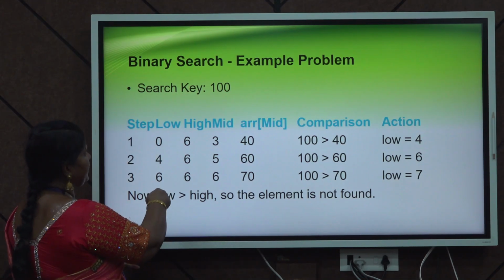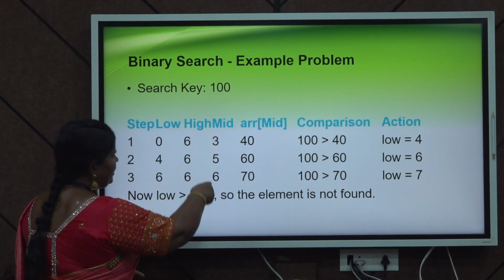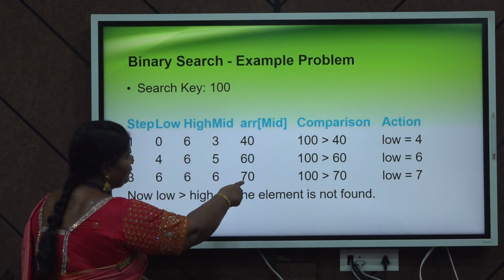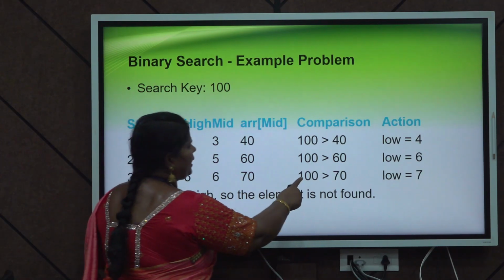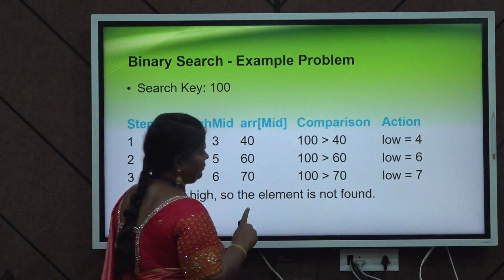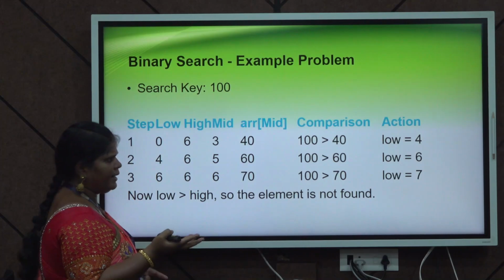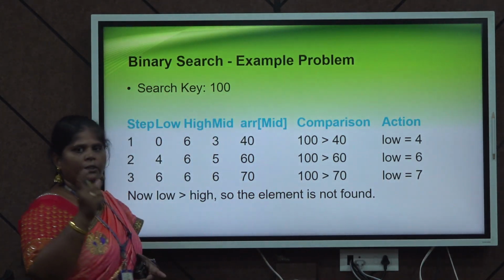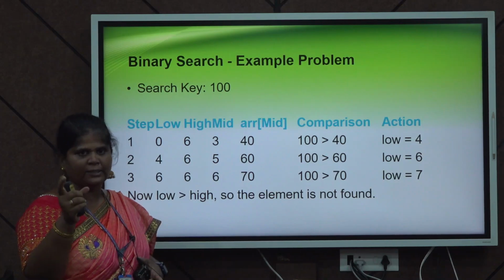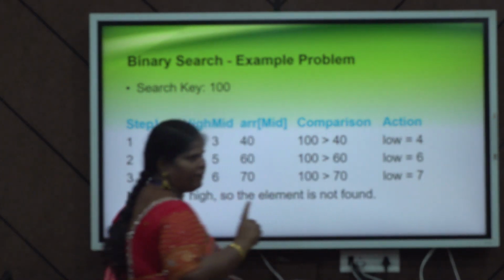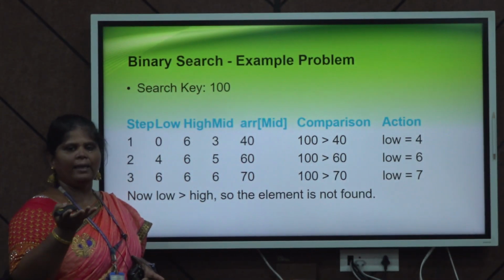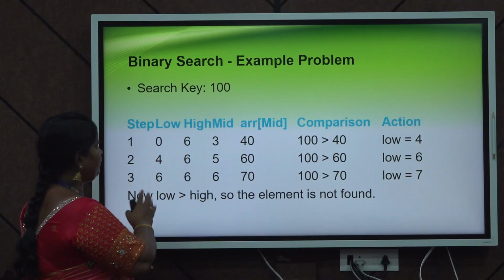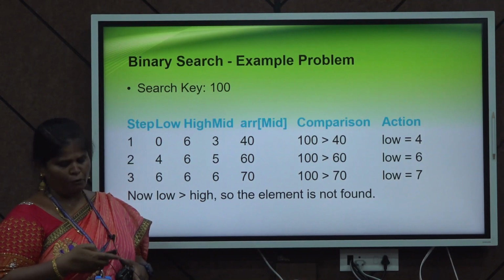Low is 6, high is 6, and mid is 6, and our array of mid is 70, and we compare 100 greater than 70. Yes, 100 is greater than 70. Now low will be mid plus 1. The total elements present here are 0 to 6, but your low position value is 7. So automatically the loop will exit, and it will display element not found.